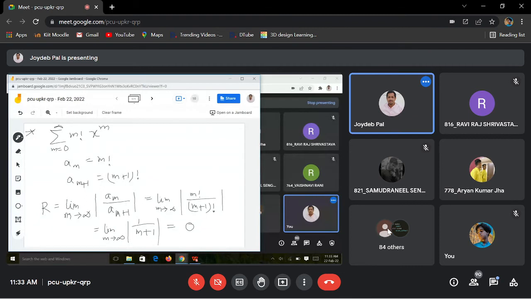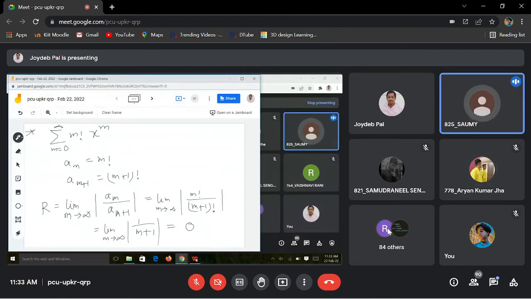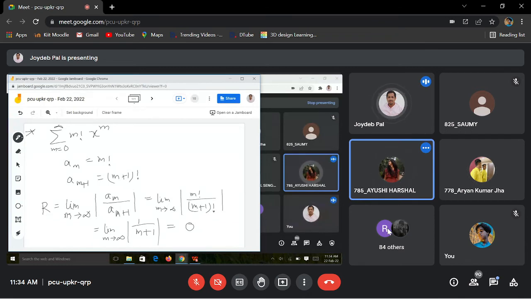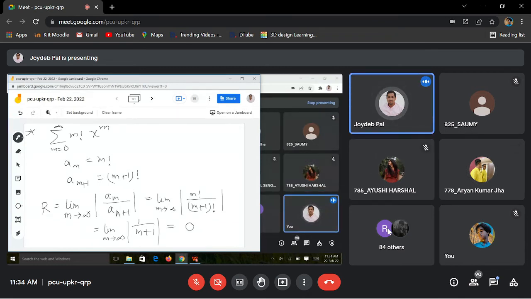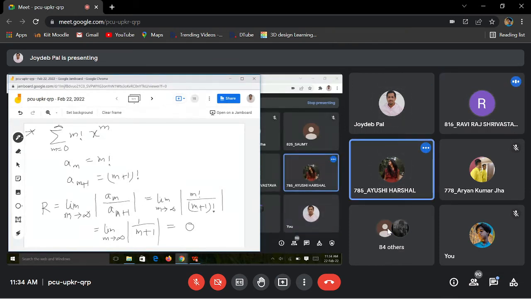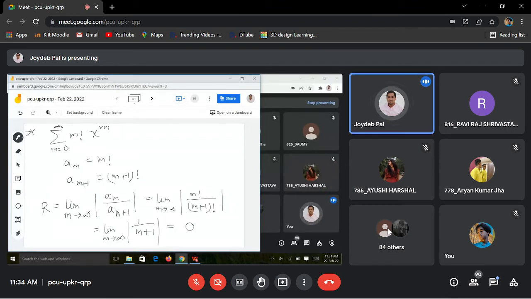For which values of x does the series converge? For no value? No values, or zero values?